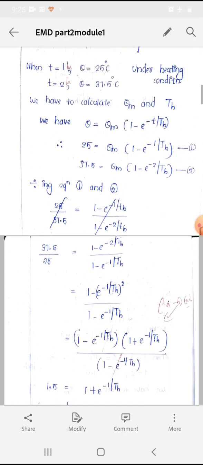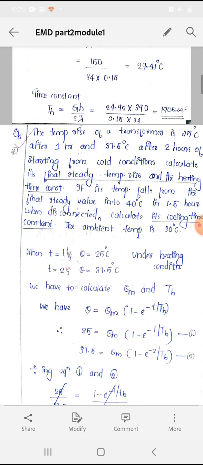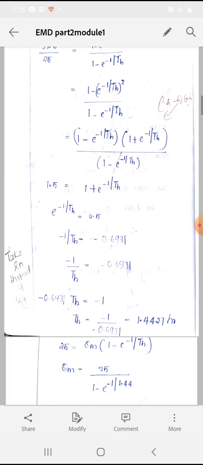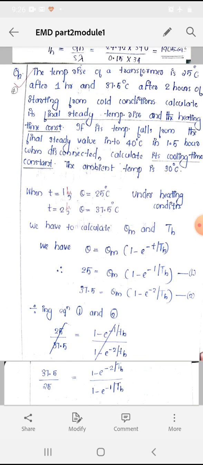So in the first question, we found the theta m and Th values. Now moving on to the second question, where we need to find the cooling time constant. The condition is given that the temperature falls from the final steady value, that is theta m, which we got as 50 degrees Celsius, to 40 degrees Celsius in 1.5 hours.